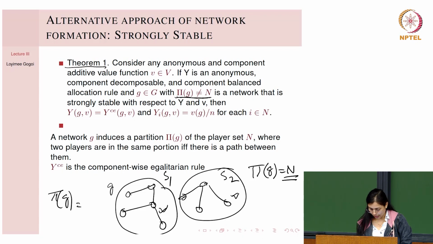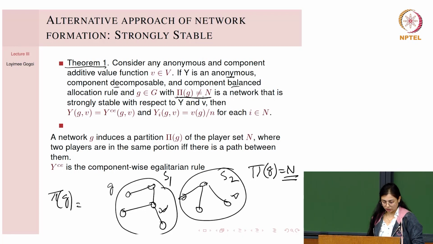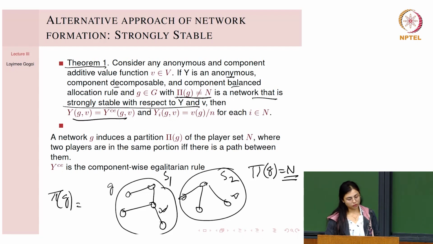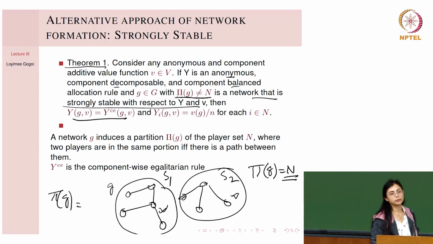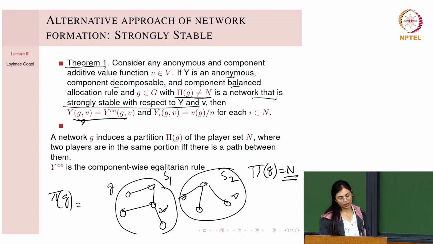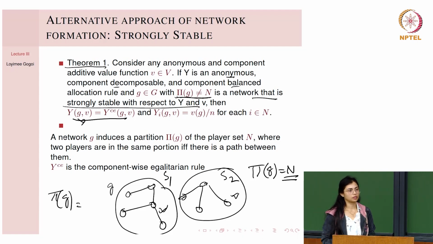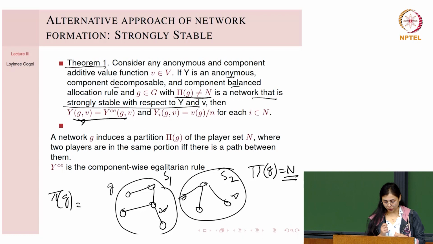So first consider that Y is anonymous, component decomposable and component balanced. These are some axioms that we consider. I want to mention that if a network is strongly stable with respect to Y and G, then we can say the allocation for Y will be the component-wise Euclidean allocation rule.